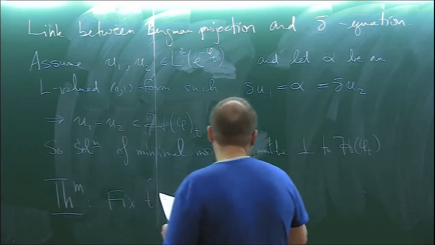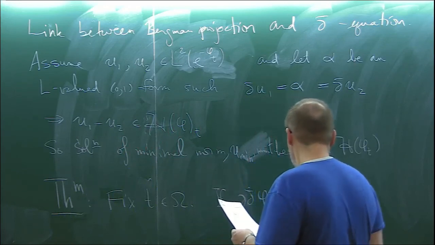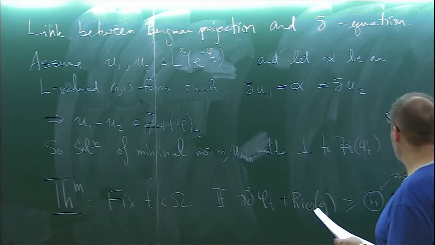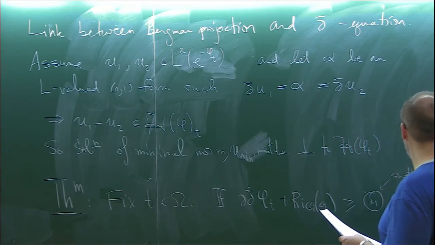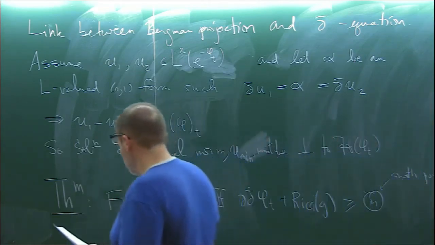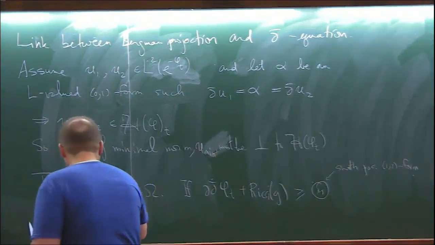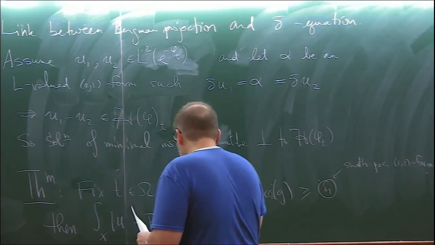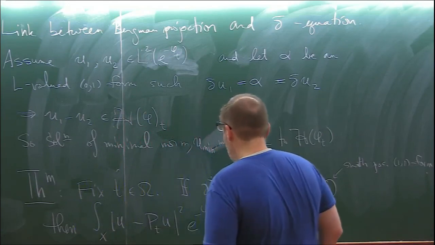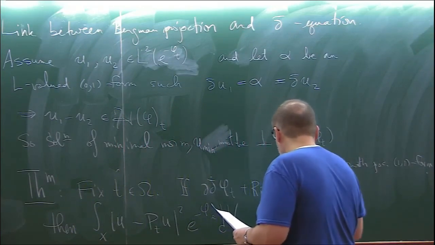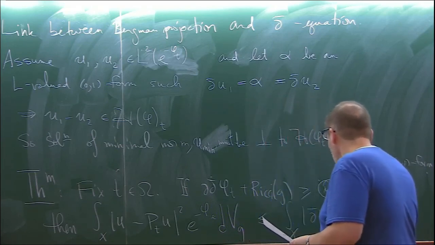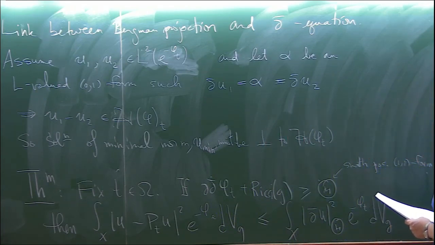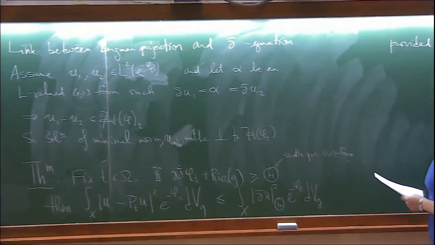So if dd-bar phi t plus the Ricci of g is greater than or equal to some theta, and this was some smooth positive (1,1)-form, then the integral over x of u minus P_t u squared e to the minus phi t dv sub g is less than or equal to the integral over x of d-bar u squared computed with respect to theta of e to the minus phi t dv sub g, provided the right-hand side is finite.